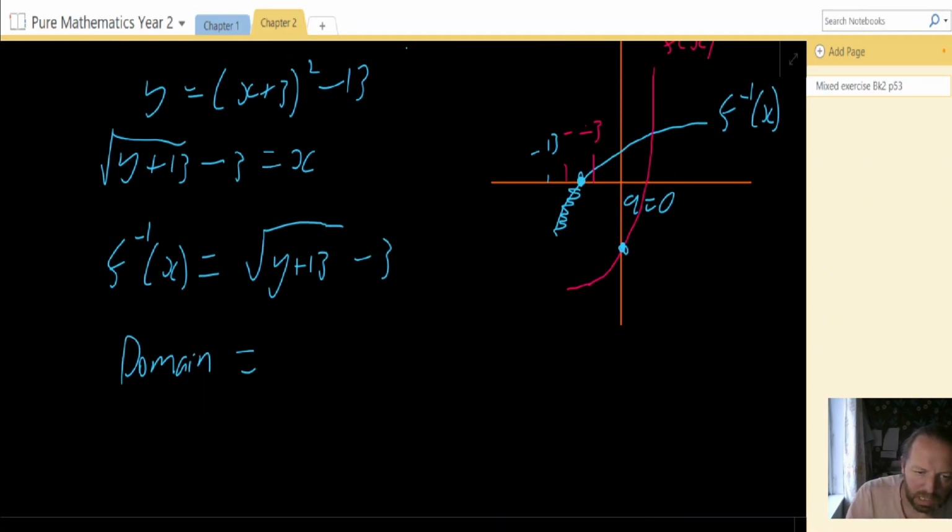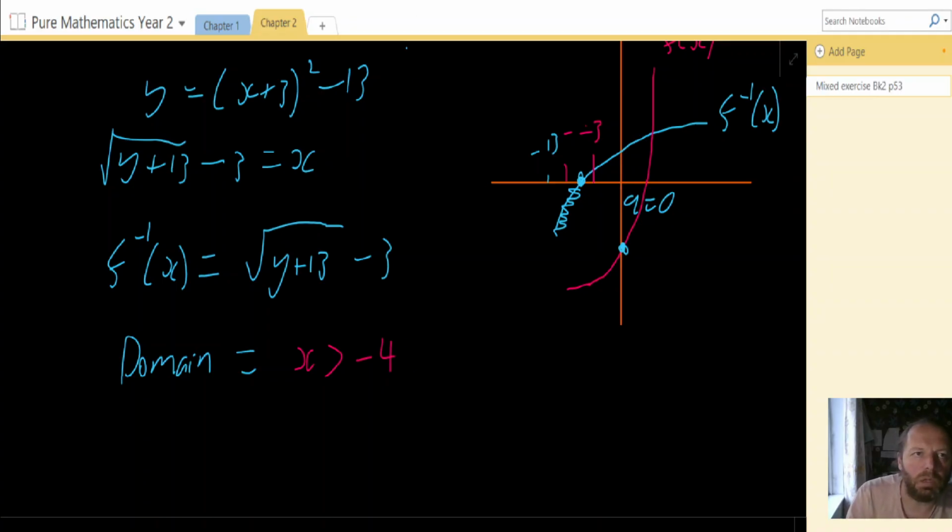So the domain is for x to be greater than minus 4. They're controlling this whole thing with this a, being greater than or less than.